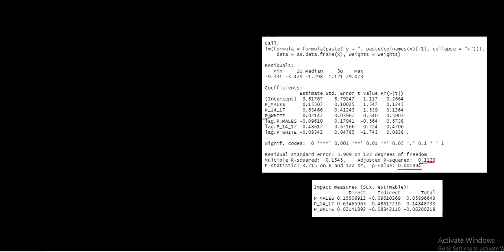This lag right here, this is the spatial part. This is that idea that we're incorporating the values of our neighbors, the lagged mean that we spent so much time talking about before. This is where it shows up in the output: lag dot, and then males, 14 to 17, and white. Again, this is a garbage model. Don't worry about the specifics.